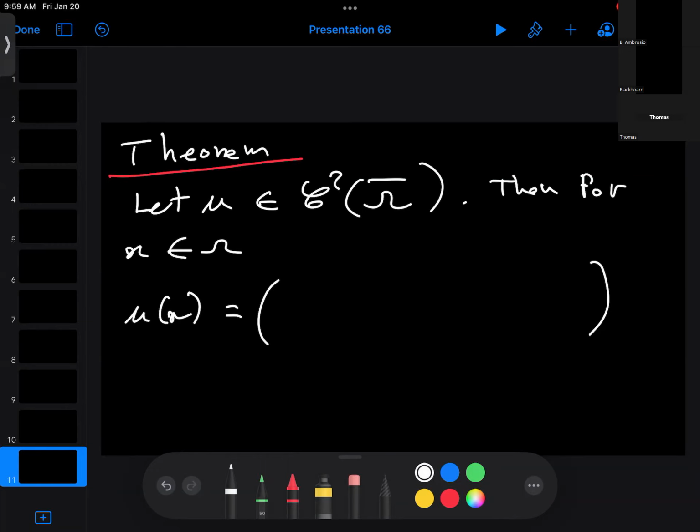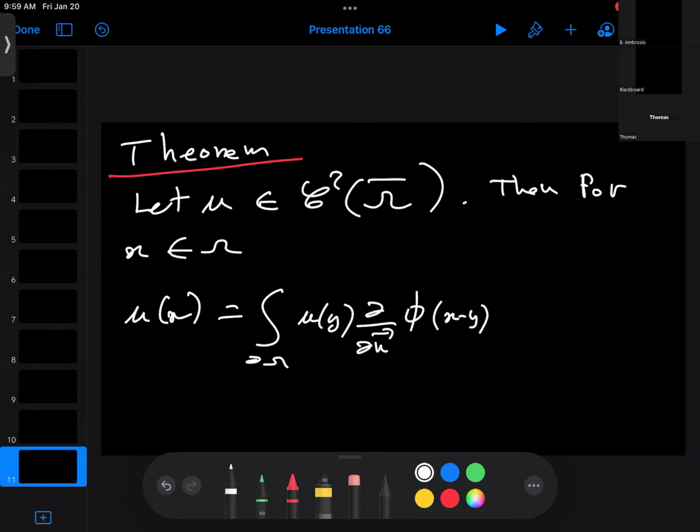There's a sign here that I want to check. So u(x) equals the integral on the boundary of u(y) times the partial normal derivative of phi of x minus y, and it's dσ(y), I'll put it at the end.